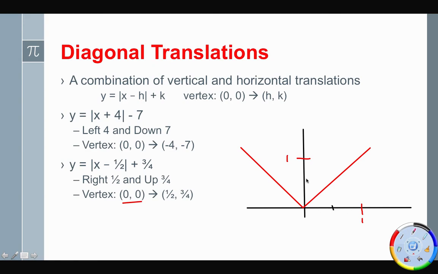If this is half and this is half, we're going to go half to the right and 3/4 up. So that's going to be my new vertex. And we're going to be parallel to either side of the absolute value function. And there we have our transformed graph.